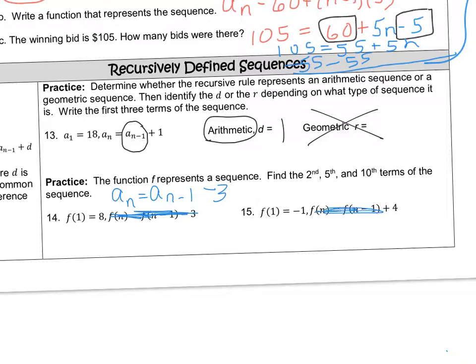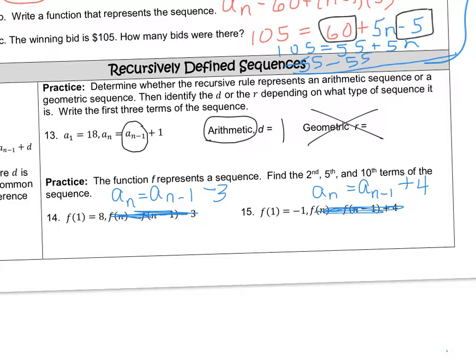And then on number 15, we're looking for a sub n when we've got a sub n minus 1 plus 4. So in both of these cases, we're dealing with arithmetic sequences, because in this case we're subtracting 3 from the previous term. In this case we're adding 4 to the previous term.